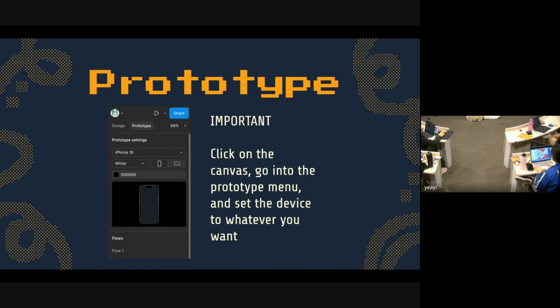What's very important is that you need to select a device that you're using. And basically what this does is when you run your Figma prototype, it'll run a kind of window of the specific size of that device. And if you don't, your graphics will be very wonky.